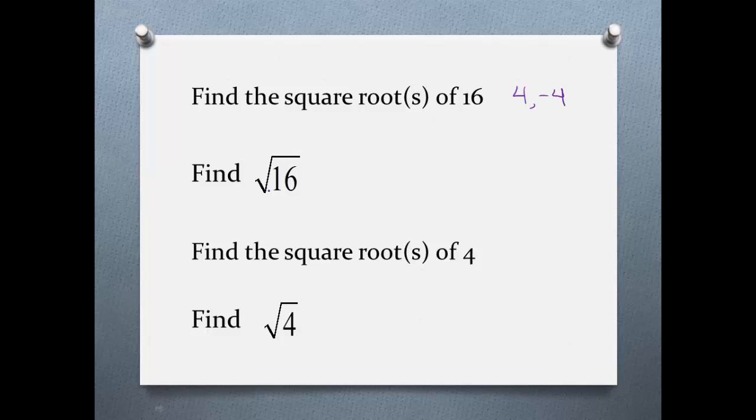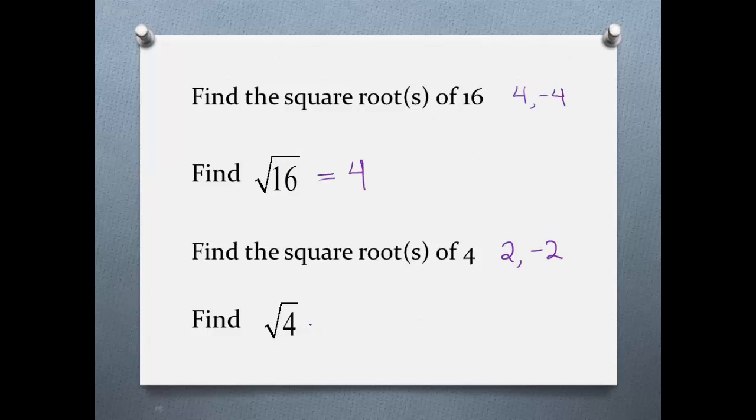But when you use the radical symbol to ask for it, that's not just asking you what the square root of 16 is, it's asking for one of those answers. It's asking for the principal square root, and the principal square root of 16 is the positive version of that, so that's 4. If I ask what are the square roots of 4, there are actually 2 answers, 2 and -2, because if you square both of those numbers you get 4.